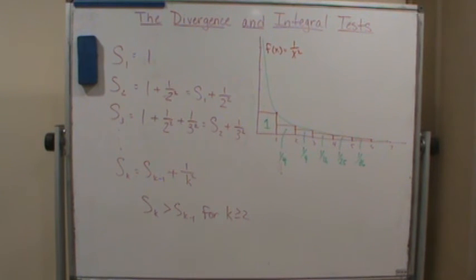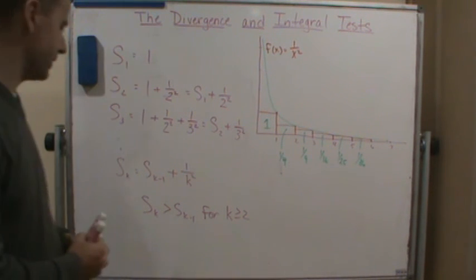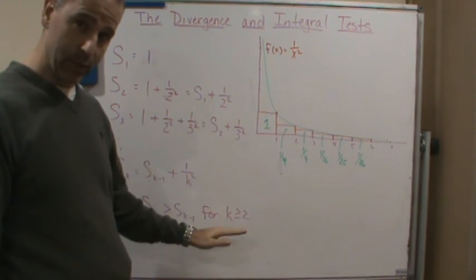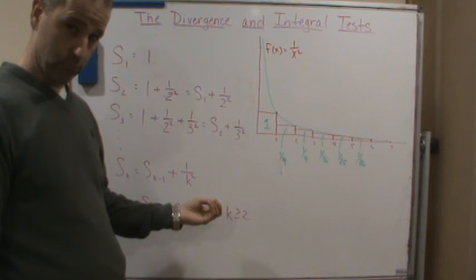Okay? And so now, what do we show? Okay, so this means that what do we have? We have an increasing and bounded sequence.